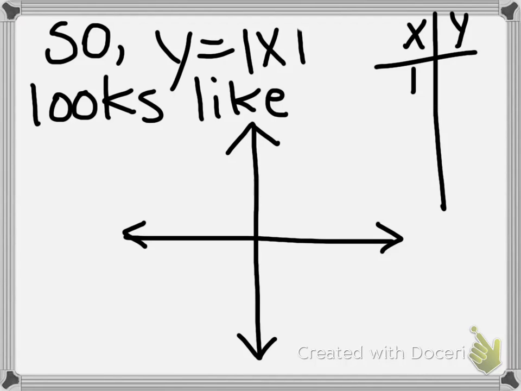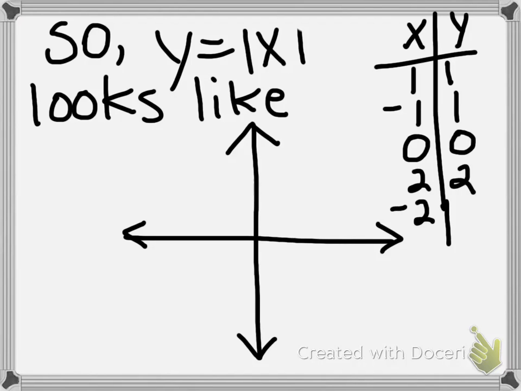When x is 1, y is 1. When x is negative 1, y is positive 1. When x is 0, y would be positive 0, but 0 does not have a sign. 0 is not positive and 0 is not negative. So if x is 0, then y is 0. Let's try 2. If x is 2, the positive value of that is also 2. And if x were negative 2, then the positive value of that would be positive 2.